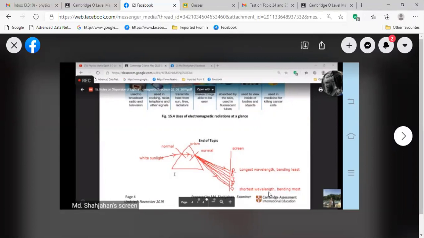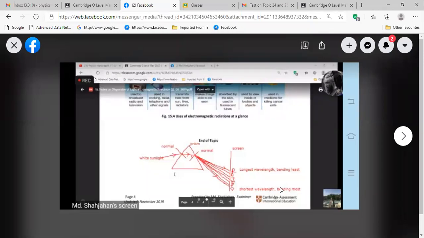Most frequency. Wavelength and frequency are opposite. Then longest wavelength, least frequency, bending least. Is it clear? Yes, sir. So just remember, about wavelength, you can say frequency automatically. Frequency is opposite of wavelength.